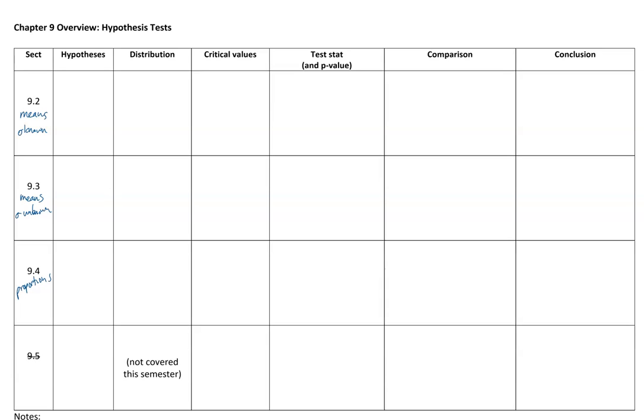And what I'd like to do across the top is to point out how this worksheet compares with our 5 steps that I'm hoping to get. So step 1 was the hypothesis step. That's something I would like to see. And then the second and third columns here, the distribution and the critical values, that is what I'm calling step 2.